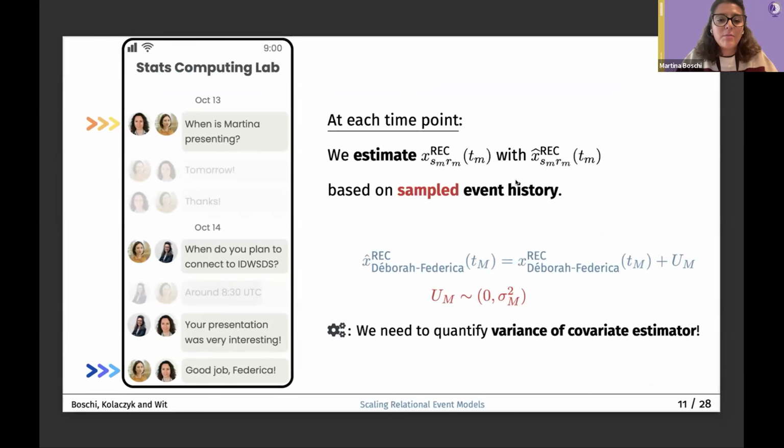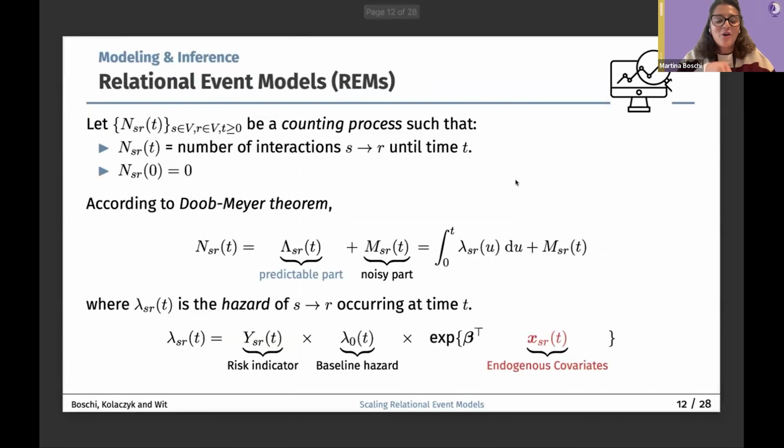So now I need some more formal details on the model in order to introduce the research goal. For this reason, I briefly say something about relational event models, which is hopefully useful also for the later sessions.